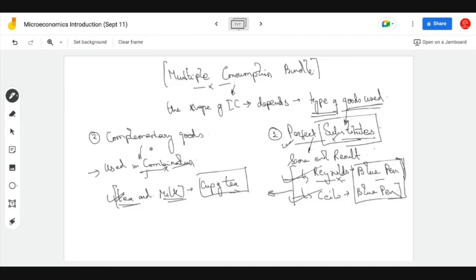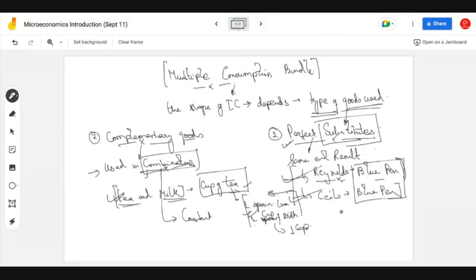So one of the things that we must take care of under complementary goods is that when we are talking about combination, this combination is a constant combination. Meaning, if one cup of tea, let's say, requires one spoon of tea and one cup of milk, in that case, to produce one cup of tea, you need one of each.